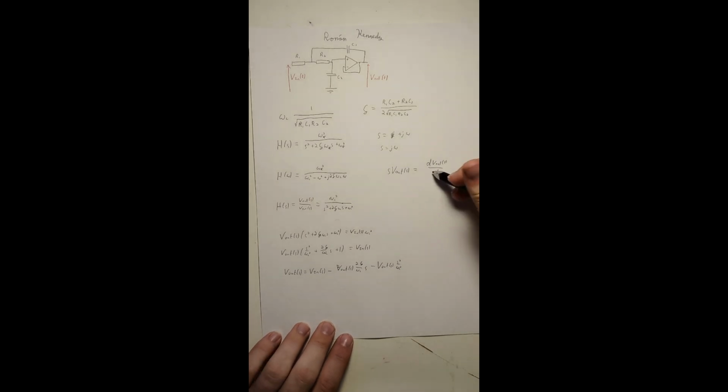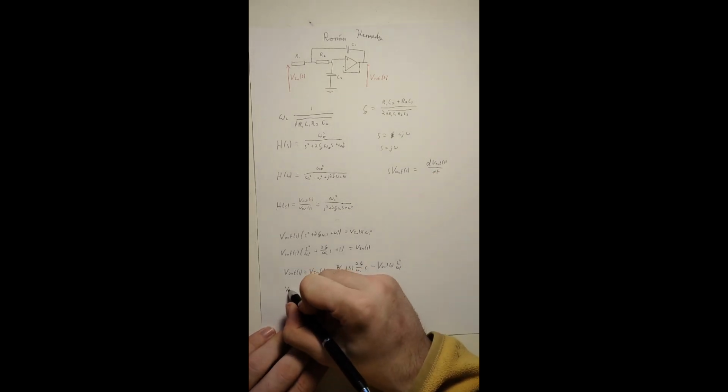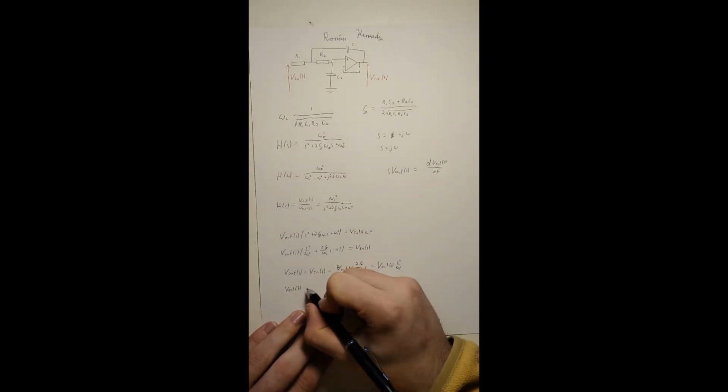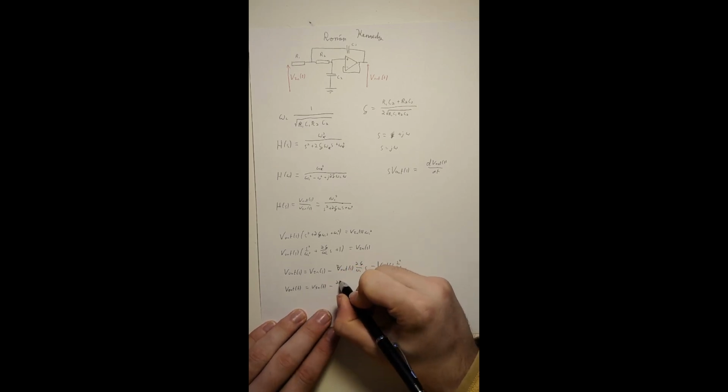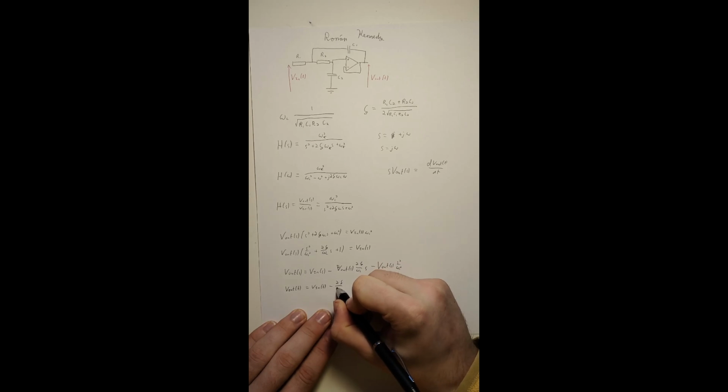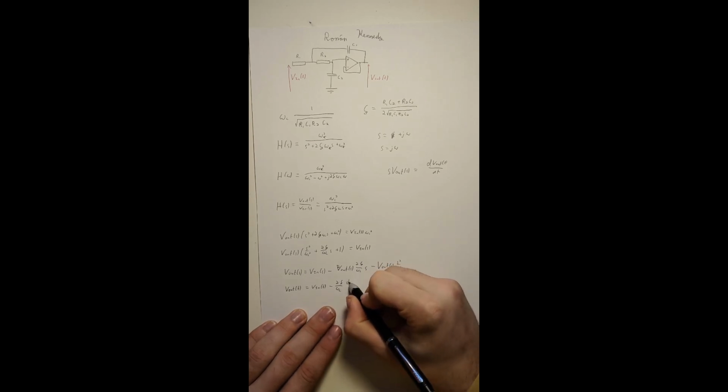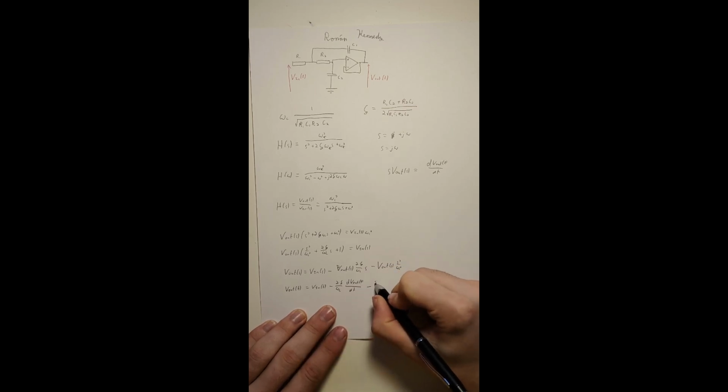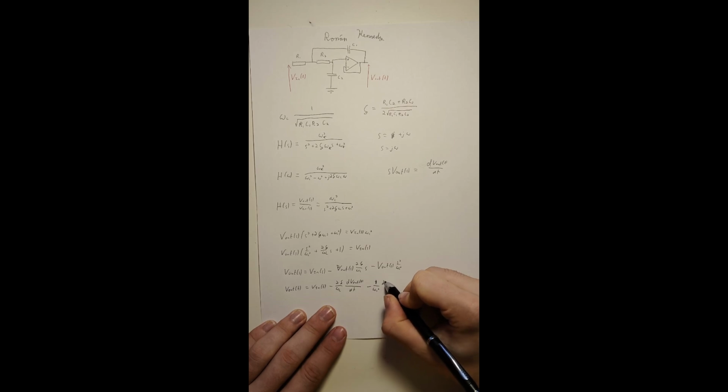And then if we use this rule earlier, we can change these to be in terms of time. So V out of t equals V in of t minus 2 zeta over omega C dV out of t dt minus 1 over omega C squared d squared V out of t dt squared.